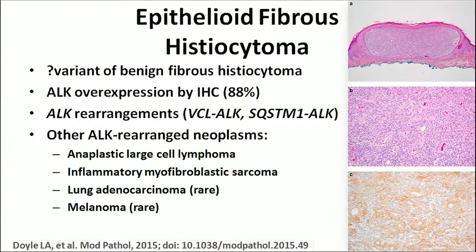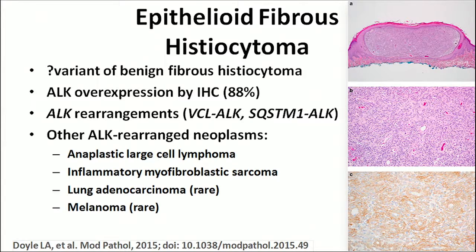So then some super recent stuff, epithelioid fibrous histiocytoma. Who would have thought, they actually have ALK overexpression, and this is associated with an ALK rearrangement. So these are actually ALK rearranged. This could create a differential diagnosis, maybe with anaplastic large cell lymphoma, but probably not.